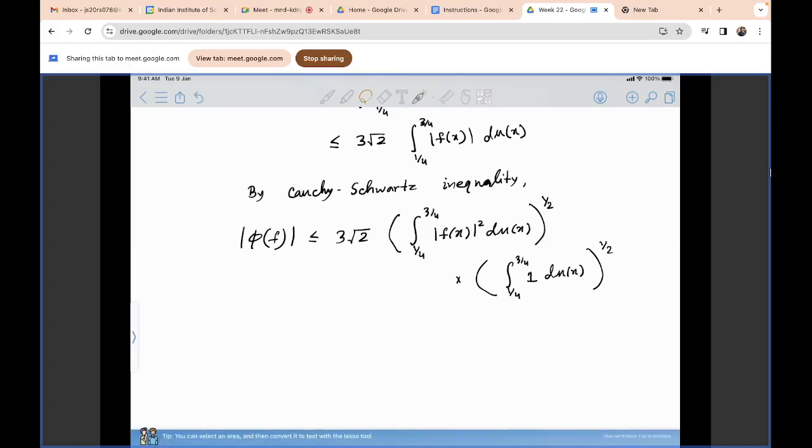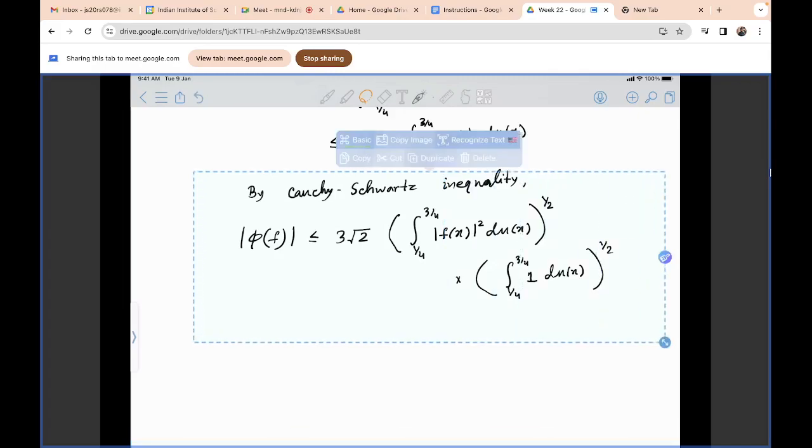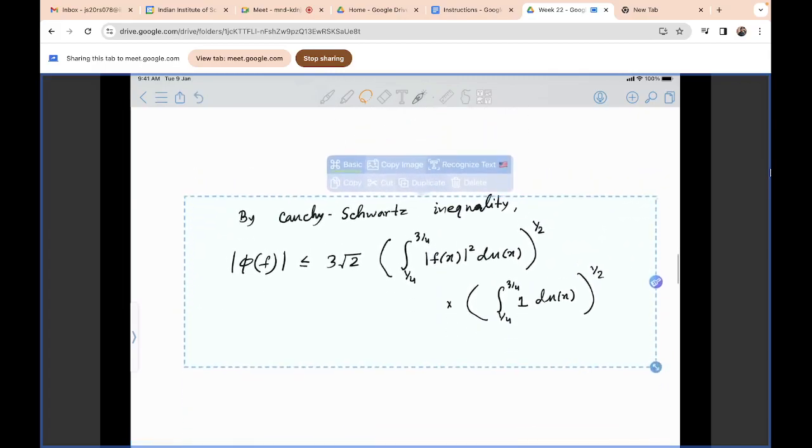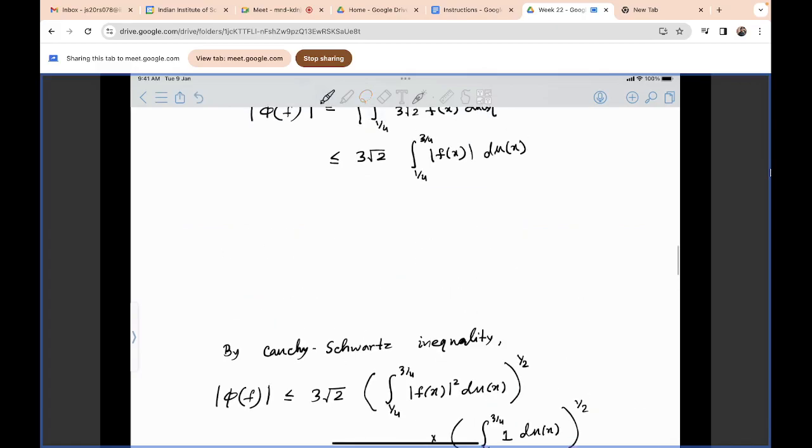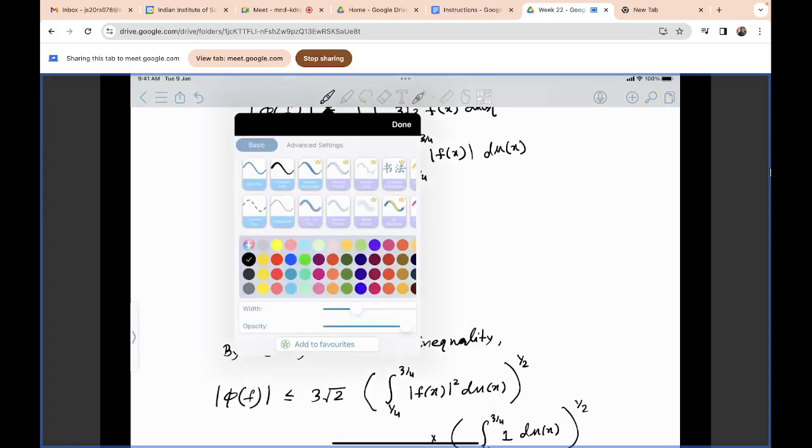So let me write the Cauchy-Schwarz inequality. What is the Cauchy-Schwarz inequality?